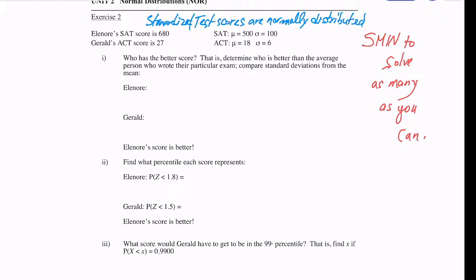So who has the better score? If you're an admissions officer and you have to compare them, we can figure that out how?